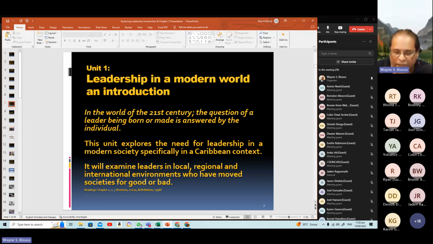Primarily, one of the things we are going to have to put some effort into is exploring the leadership issues that face us in the Caribbean and local context, because the textbooks we're utilizing are in fact US in their origin, so we have to put our own local context on the concepts we're going to be looking at here.